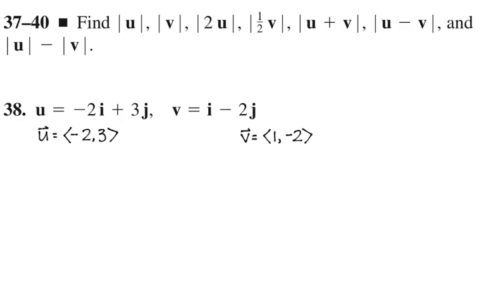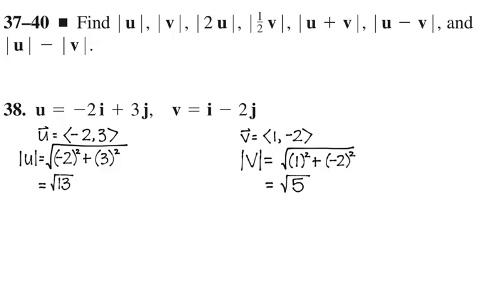So I write the components down. To find the magnitude of u, I use that. I square the negative 2, I square the 3, and then I add them and take the square root, and I get the square root of 13. For the magnitude of v, I square 1, I square negative 2, add them together, and I get square root of 5. So now I have the magnitudes of each of those.